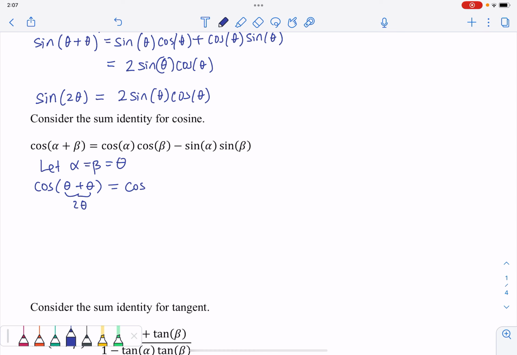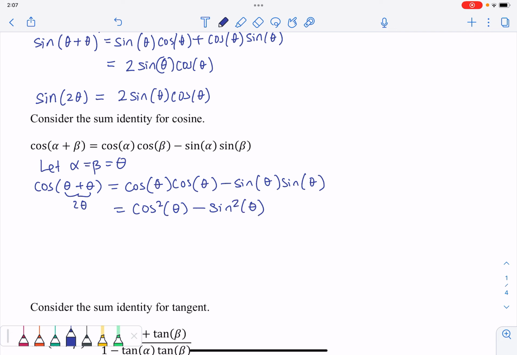It becomes cosine of theta cosine of theta minus sine of theta sine of theta. Well, cleaning that up, we see that's just cosine squared theta minus sine squared theta. So that is one expression for the double angle identity for cosine.